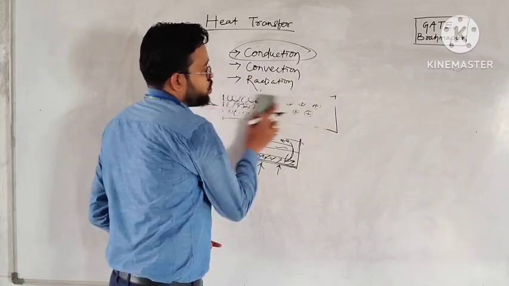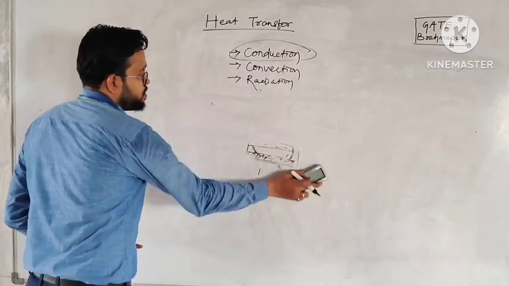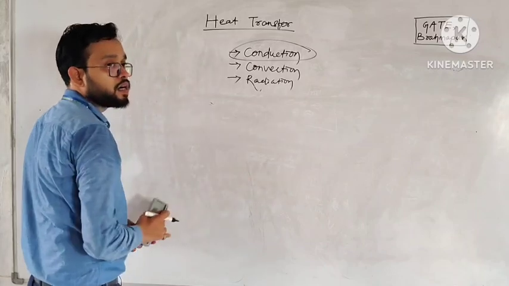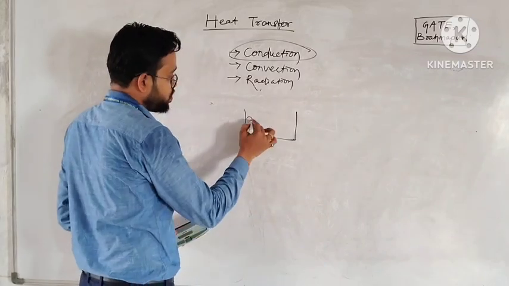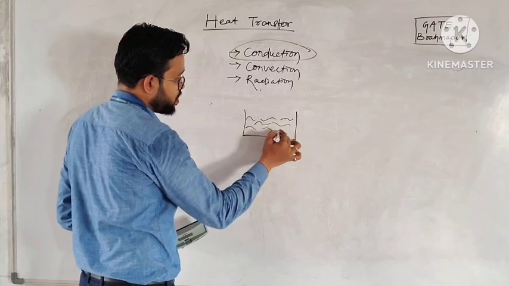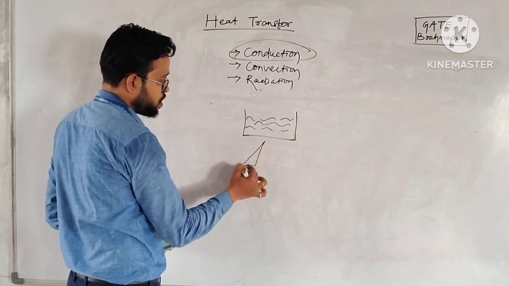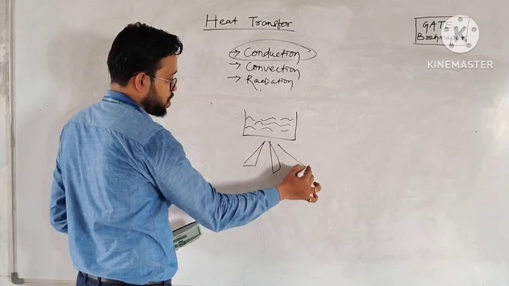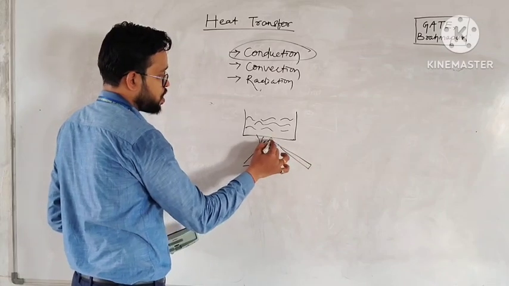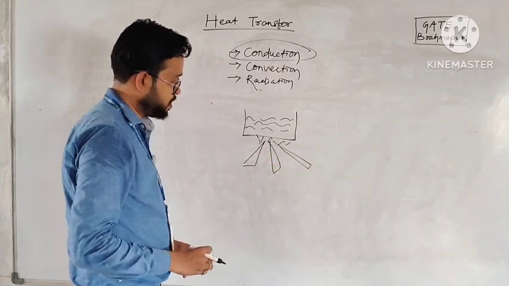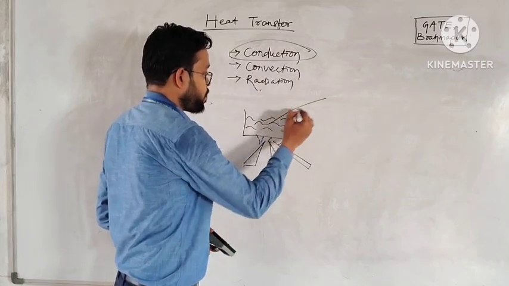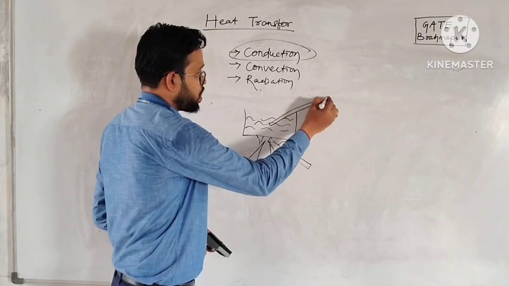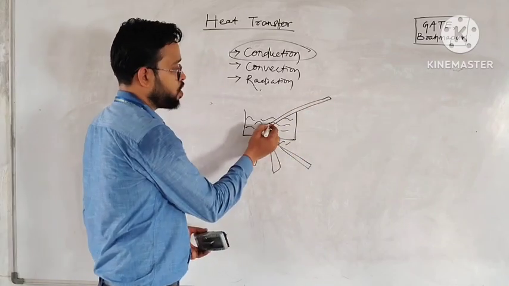Combining it, we will see an example. This is a container which is having water, we give high heat here, and this is a spoon.